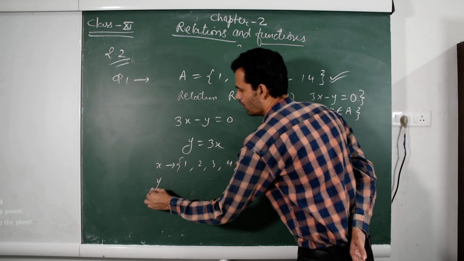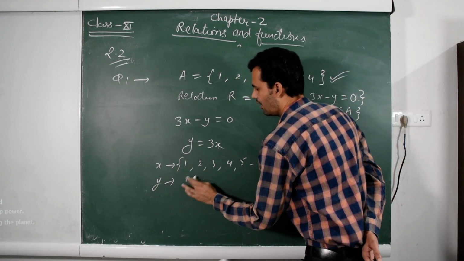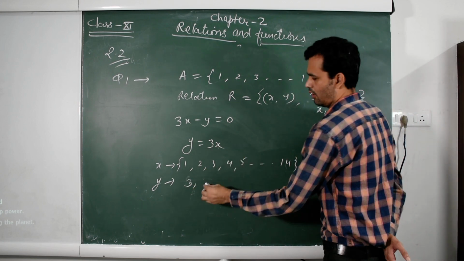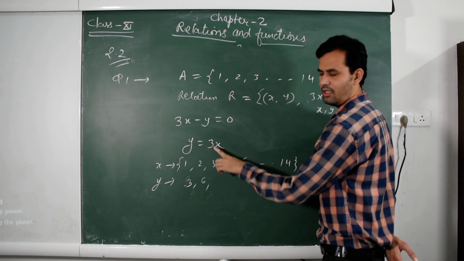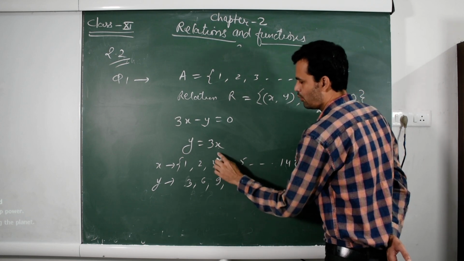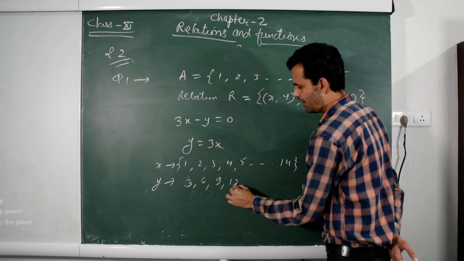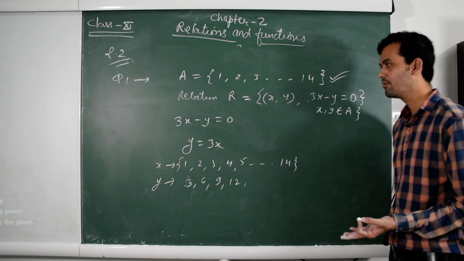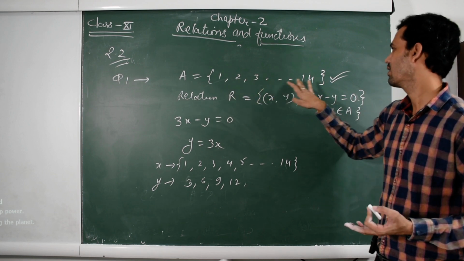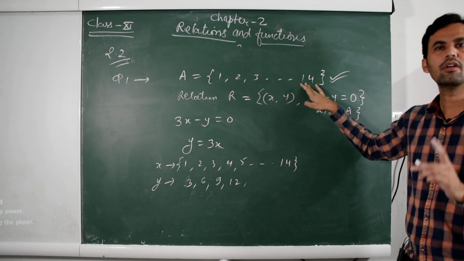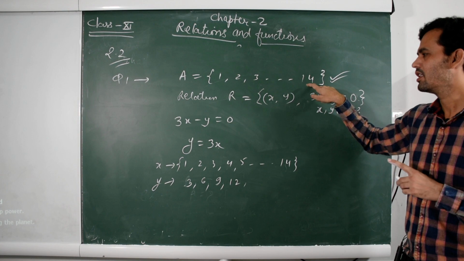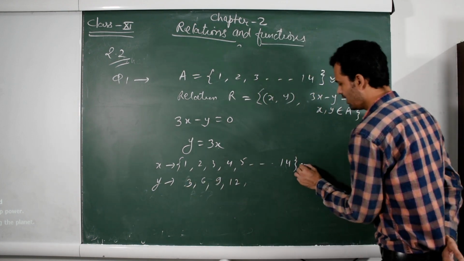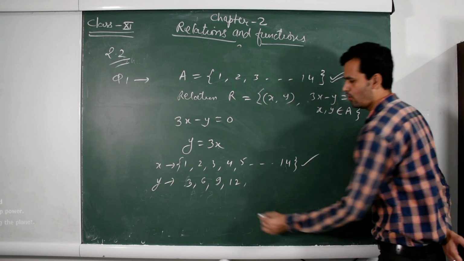For y, if we put 1 we get 3, if we put 2 we get 6, if we put 3 we get 9, and if we put 4 we get 12. If we put 5 we get 15, but set A only has elements up to 14.